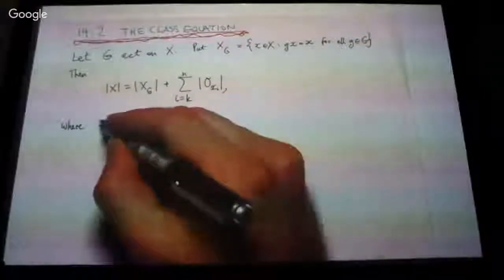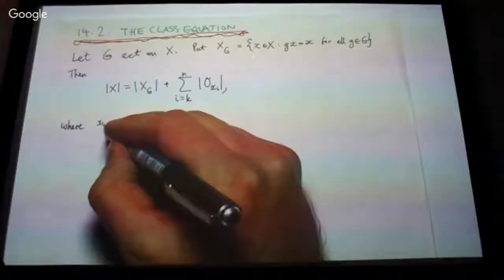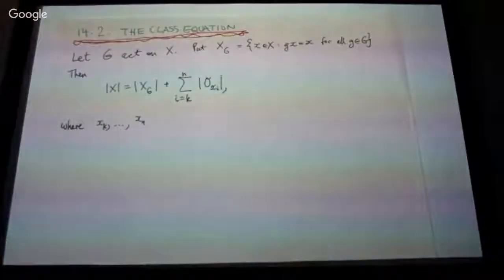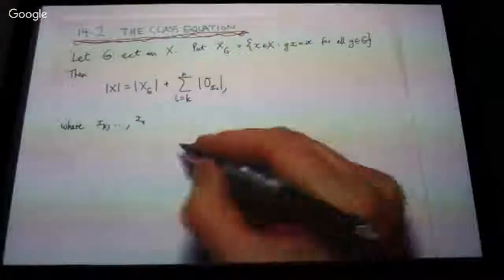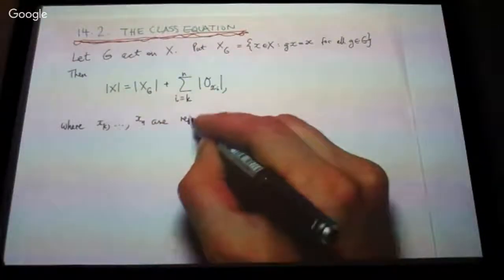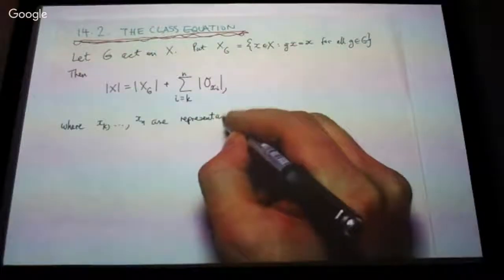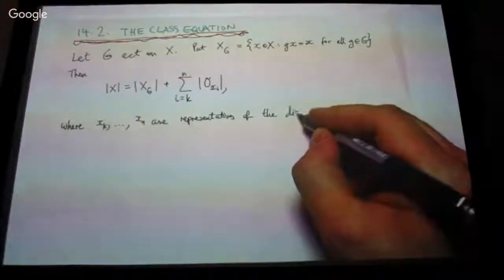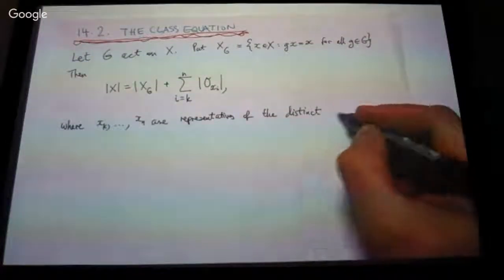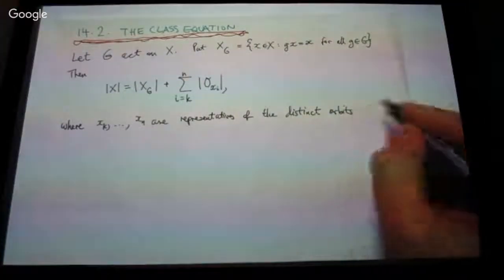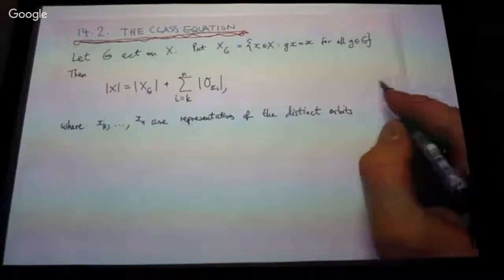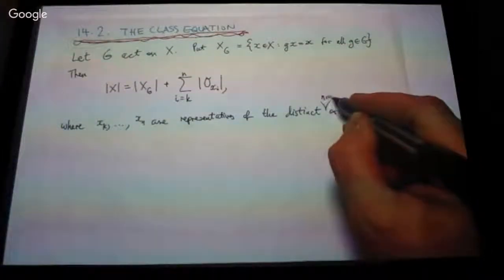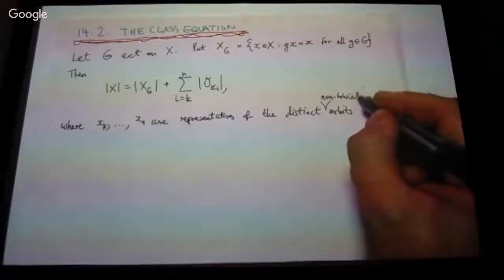So where x_k through x_n are representatives of the distinct non-trivial orbits.